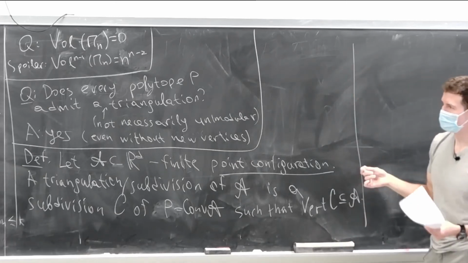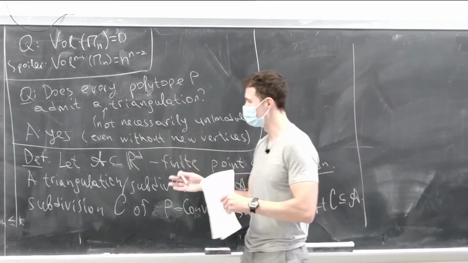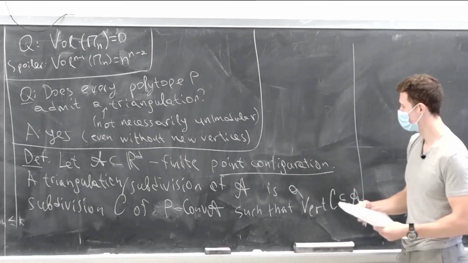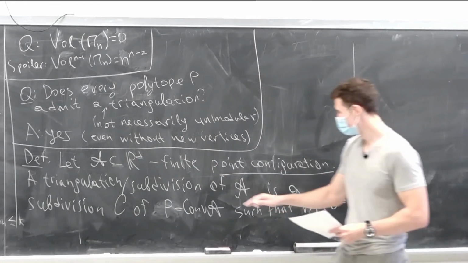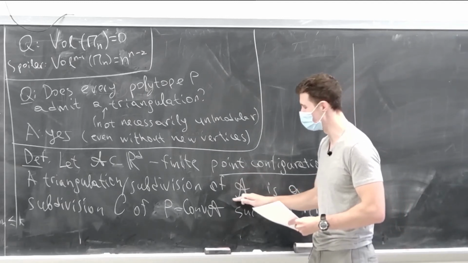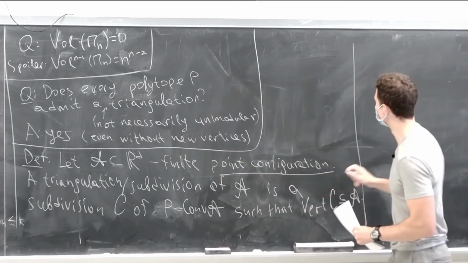Previously, I was kind of vague about whether you're allowed to add any new points or not. Here, I'm actually restricting the new vertices to all lie in A. So you're allowed to use vertices of A, but not any other vertices.